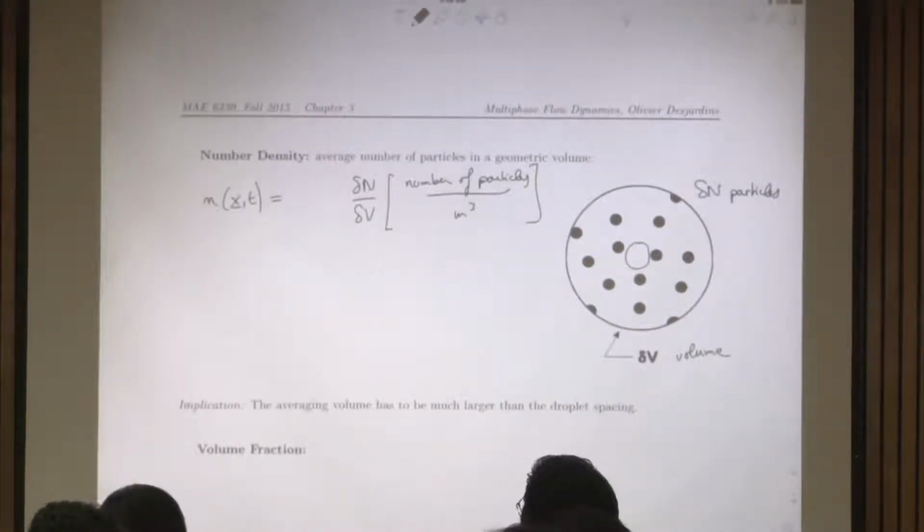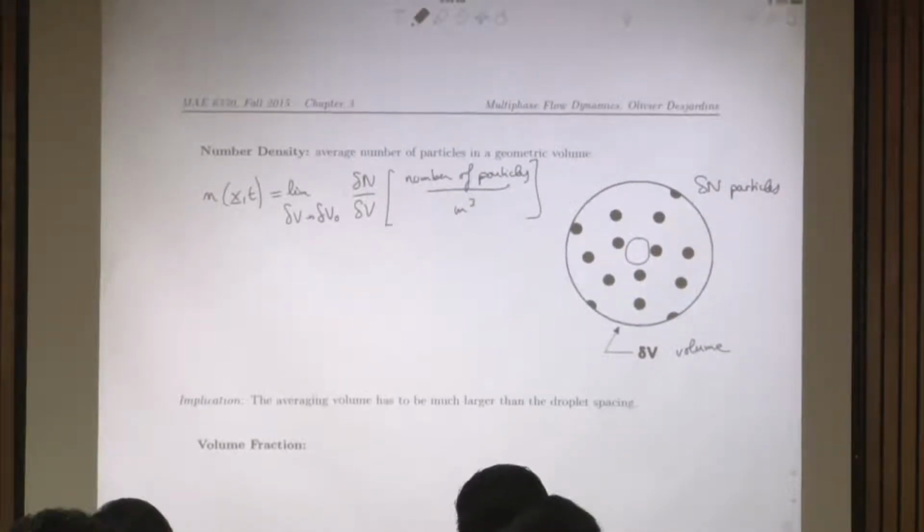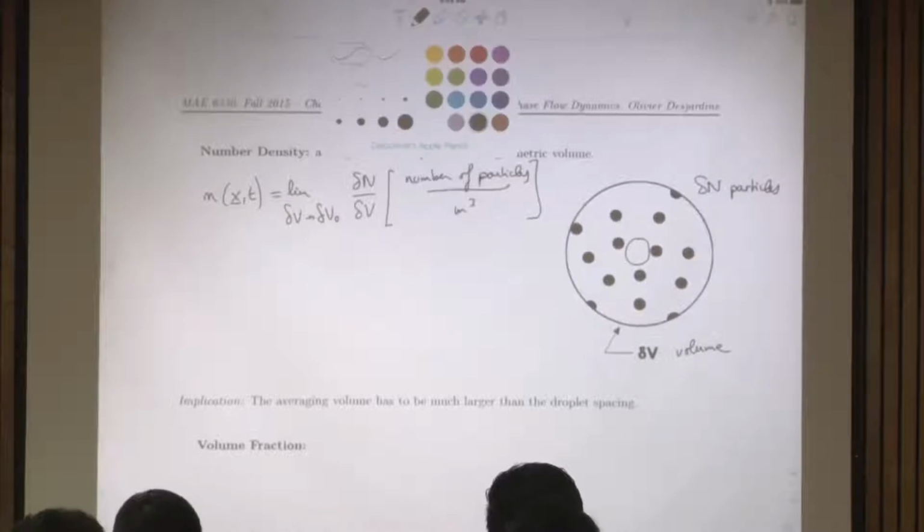So the assumption here is that we're going to let our averaging volume tend to some sort of a small but not too small volume size, delta V naught.